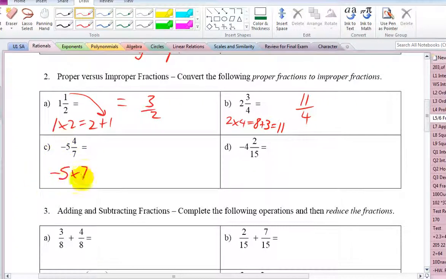Negative 5 times 7 equals negative 35 plus 4. How many people got negative 31? Wrong. Why is it wrong? Because you don't use a negative sign. It's positive 5, guys. We told you. Ignore the negative sign.